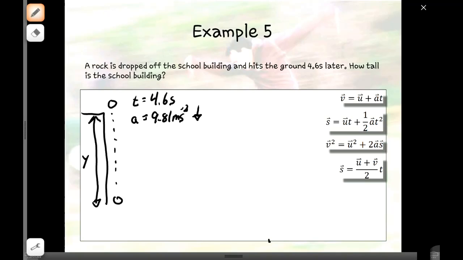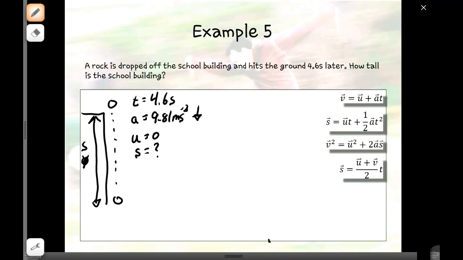Now, whenever I drop something, whenever I first let it go, we assume that its initial velocity u is going to be 0, because for an instant it's at rest before gravity starts pulling it down, before it starts accelerating it. And then the final thing that I want to know is this y, or the s, the displacement of the rock. So we'll go ahead and use the term s. That's my question mark.